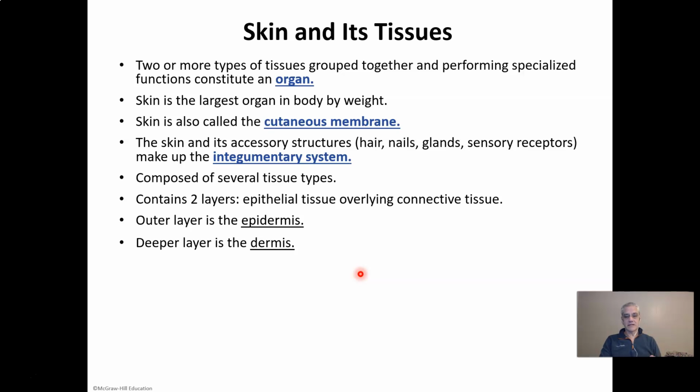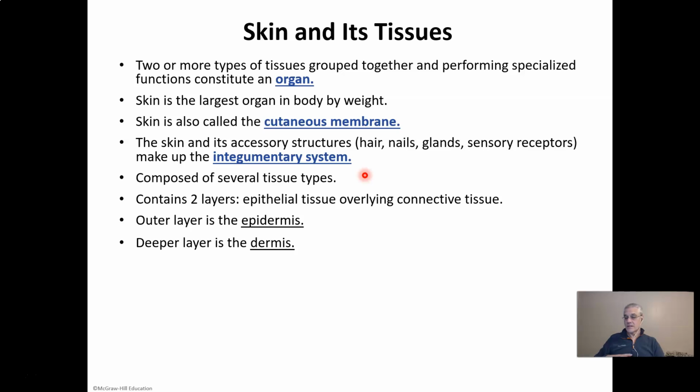It is pretty much the largest organ of your body in terms of weight and in terms of size. It covers your entire body, of course. So it is an organ system all on its own, called the integumentary system.